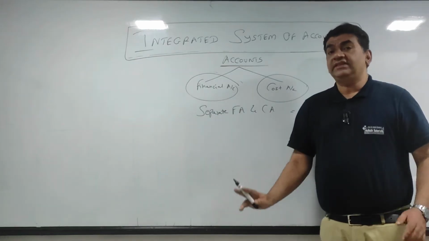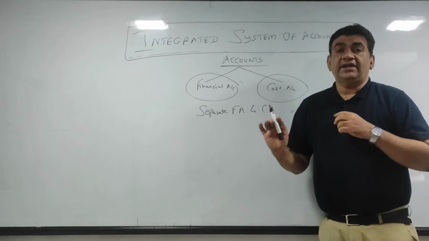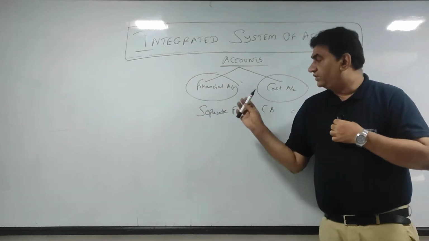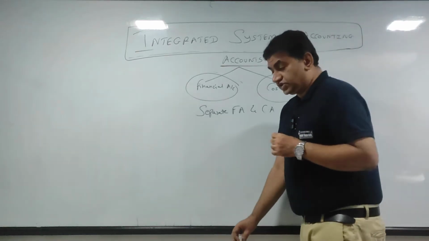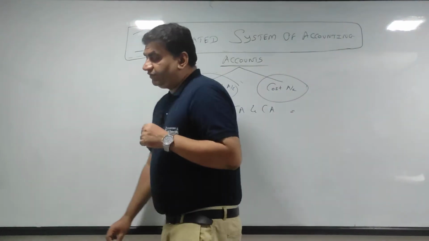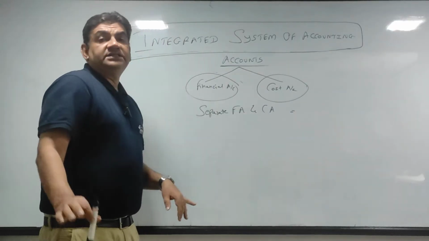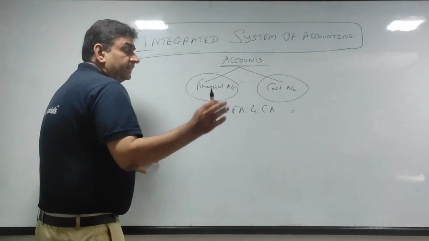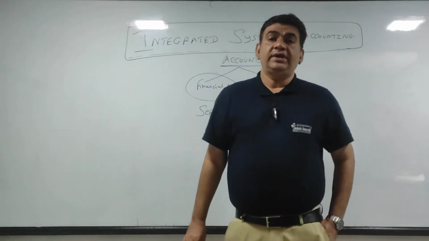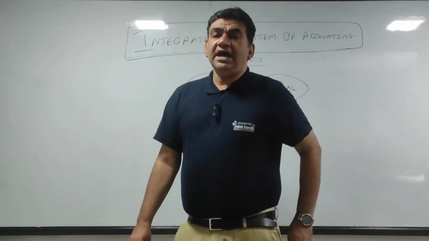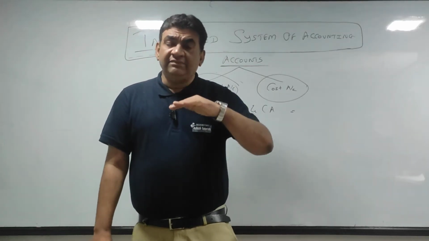This is feasible when the company is very large and they can afford to have a separate financial and separate cost account. Now, for those companies who need cost accounting, but their scale of operations is not large, they are medium type companies.